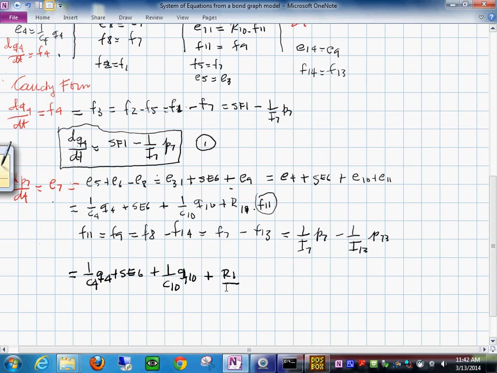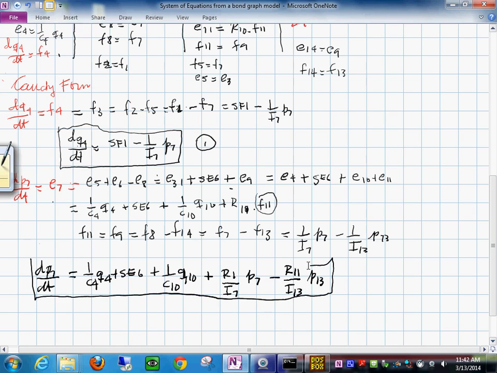So it would be R11 over I sub 7 P sub 7 minus R11 over I13 P13, and that is my equation number 3 with 2 dP sub 7 dt. And then we could just put it like this. This is equation number 2.